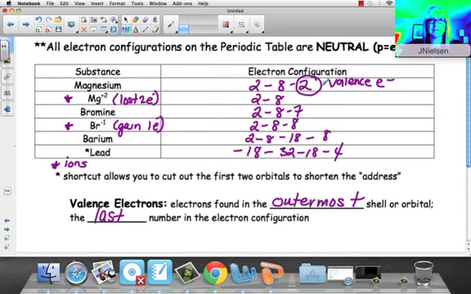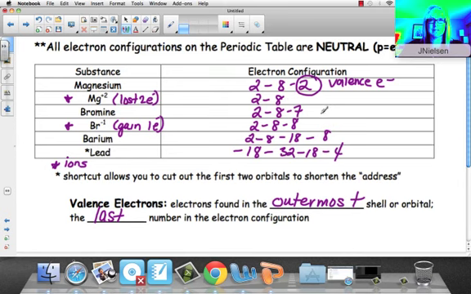So in this case, I'm going to talk about it for a minute here. When elements combine with other elements to form compounds, there is a sharing or transfer of electrons depending on the elements that are involved. But no matter whether they're sharing or transferring, the bottom line is they all want to be happy, stable, content.